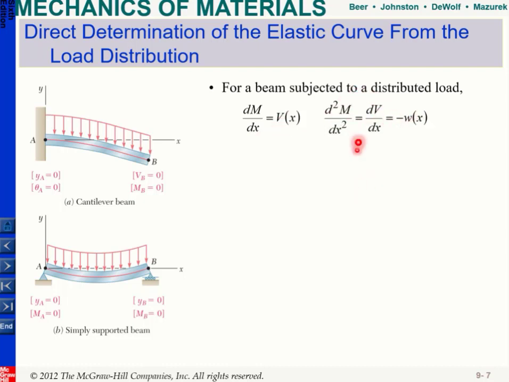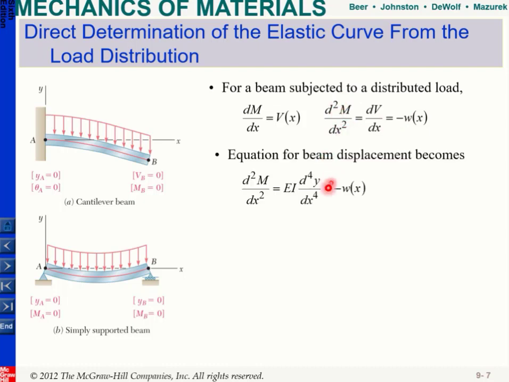If I take what we found before, M was equal to EI times d²y/dx², so if you take the derivative twice, I can get this equation. This is sometimes useful. If you have questions with distributed loads, or for example if you want to use singular functions, I can write my V as a singular function, and then if you want to get y, all I need to do is take the integral 4 times.